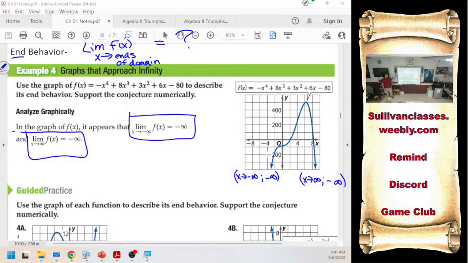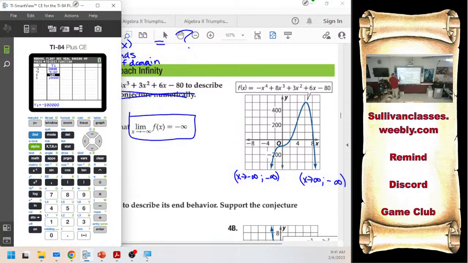Okay? Now, if I want to know what that does, the easiest way to find it, if I don't have the graph itself, they say to support numerically. We're not doing that. They want us to have an entire table. Type that into y1.